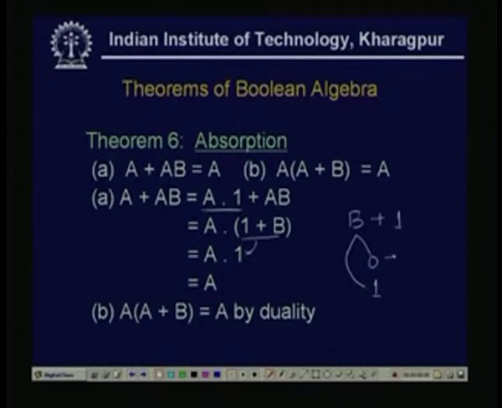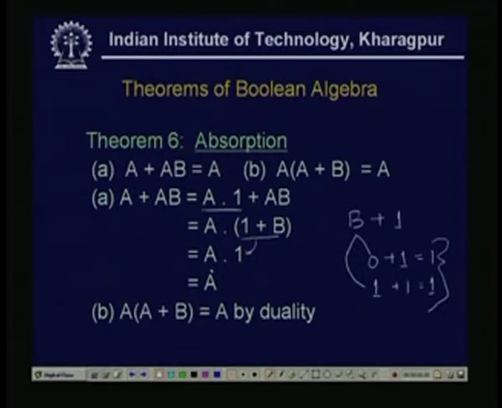So, if it is 0 plus 1, this will be 1, or if it is 1 plus 1, this will be 1. So, we can easily check that 1 plus b is 1 itself. So, we replace.